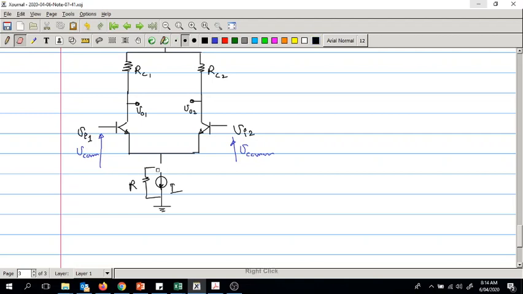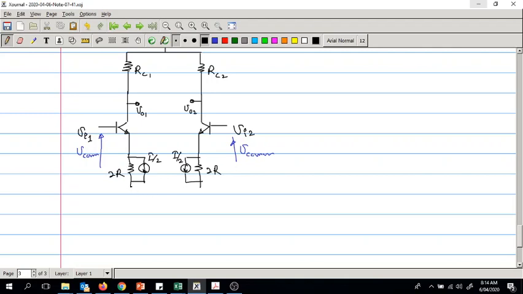This part now we are going to change, which we divided into two. So the current source will also be split into two, but that is only for the common mode case, not the general case. So we can have a 2R resistor here, a 2R resistor here, and a current source. How much would the current source be? The addition of these two currents should be the total current that we had earlier. So this has to be I by 2, and this has to be I by 2. This is 2R and this is 2R.